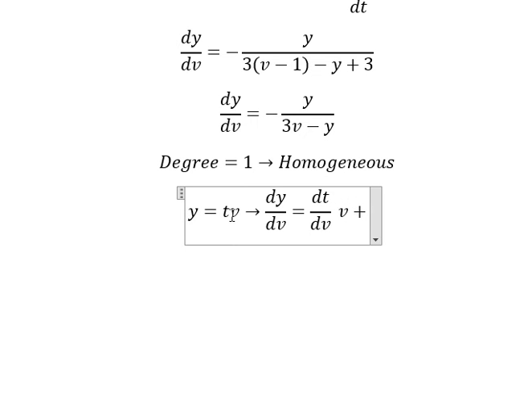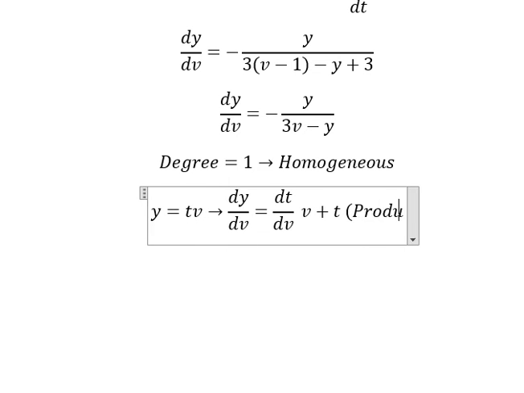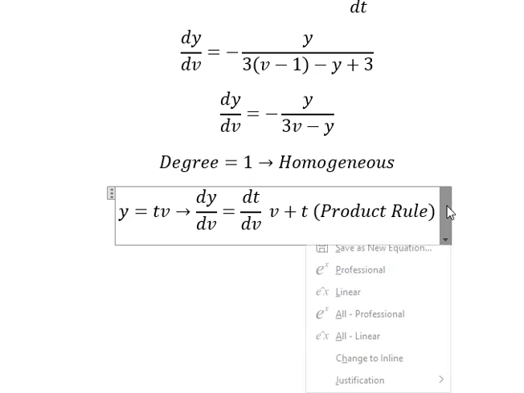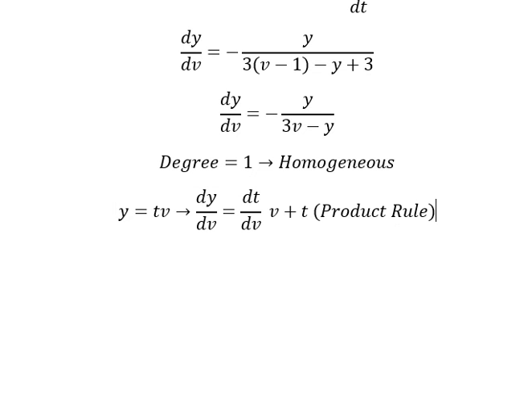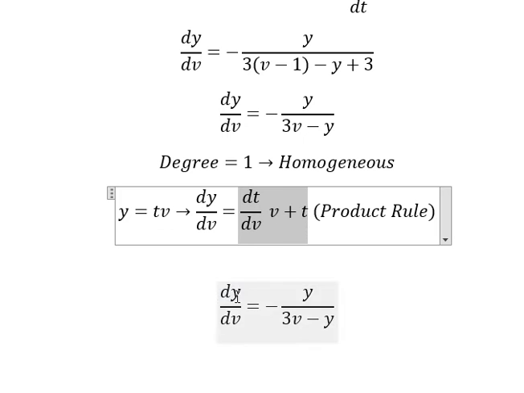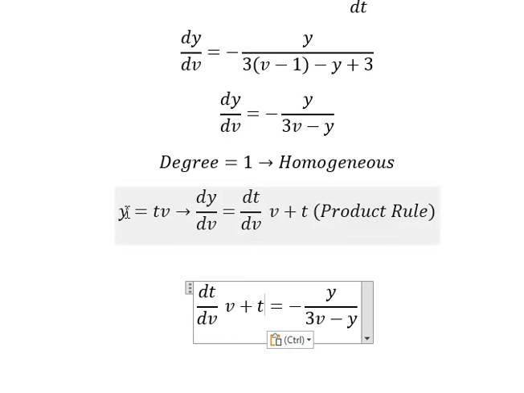Next we do the first derivative of v, we have t, and this is the product rule of derivative. Now this one we change by this one, and y we change to tv.